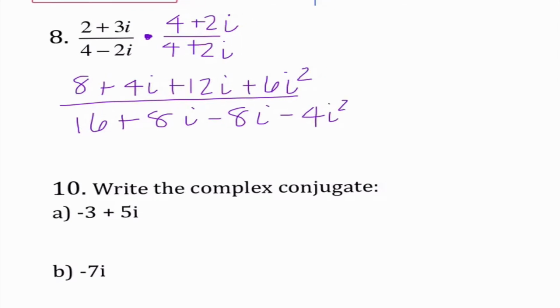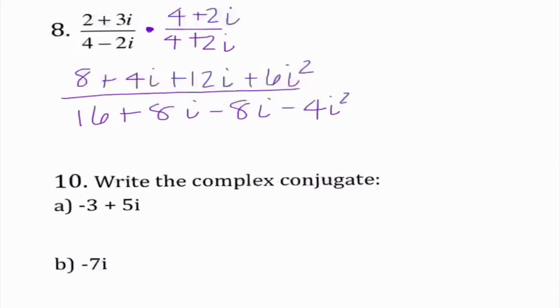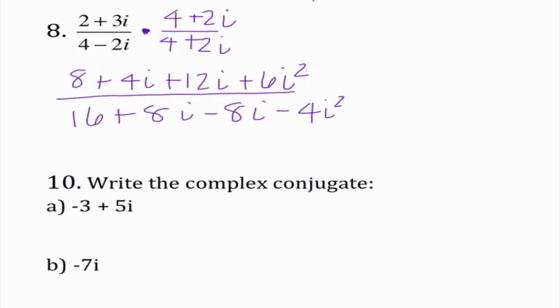And I know that I can simplify this further by adding all of our like terms together. In fact, we may remember 6i squared really means negative 6. 8 plus negative 6 gives us 2. When I add these two i terms together, I get plus 16i.